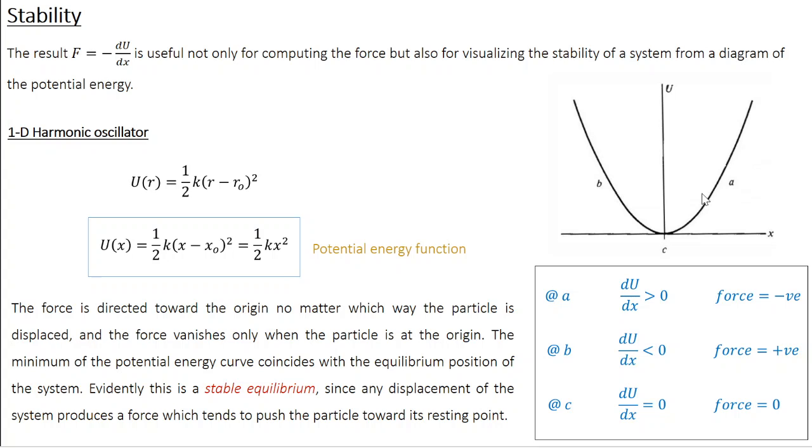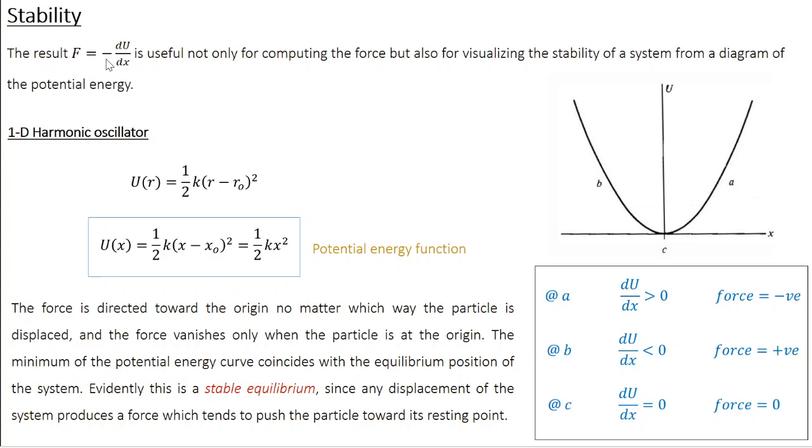Now let's choose three points A, B and C, and try to analyze the potential energy and the corresponding force at these points. At A, we know that the slope dU/dx is positive, dU/dx is greater than 0.